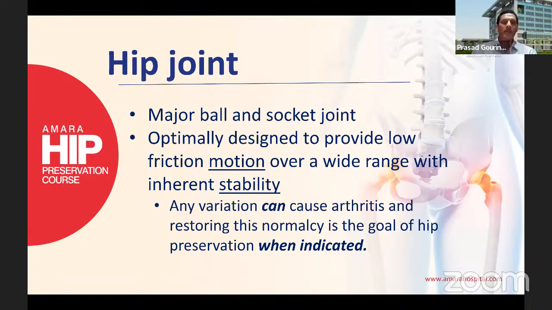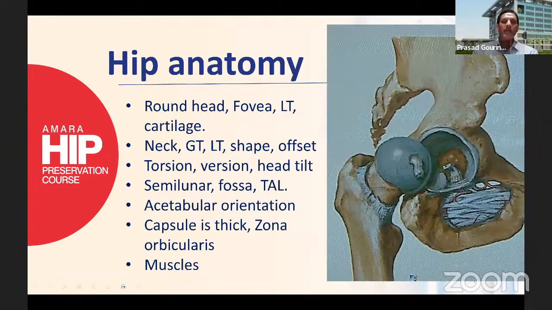Then you have the neck. The neck is there to put an offset, keeping the lesser trochanter and trochanter away from the pelvis. And the trochanter, along with the neck, will give the abductor lever arm for abductor function. The GT and LT can become more prominent or less prominent.